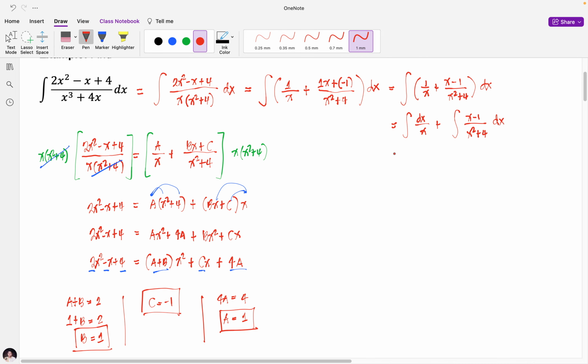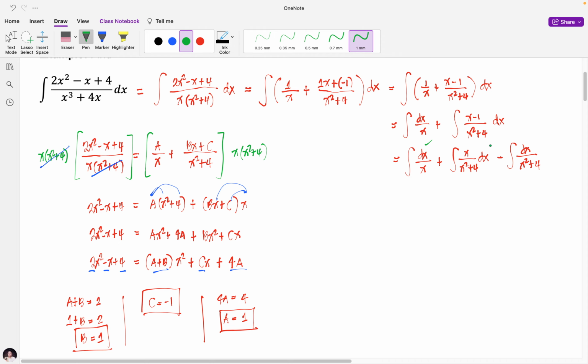The second term can further be separated. Copy the first term as the integral of x over x squared plus 4 dx, and we have negative, so minus the integral of dx over x squared plus 4.